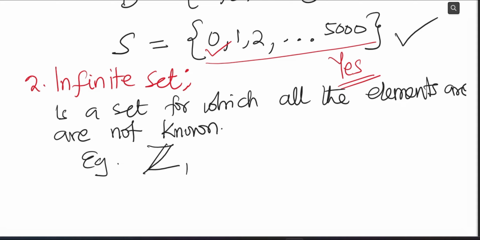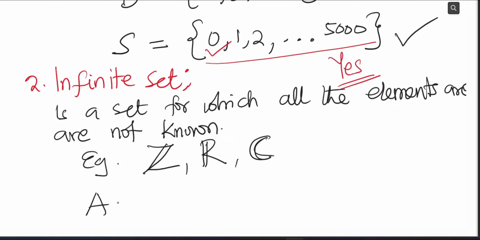You cannot list all of them, and so we say that this set is infinite. The set of real numbers, you cannot list all of them. The set of complex numbers, you cannot list all of them. There are many more.